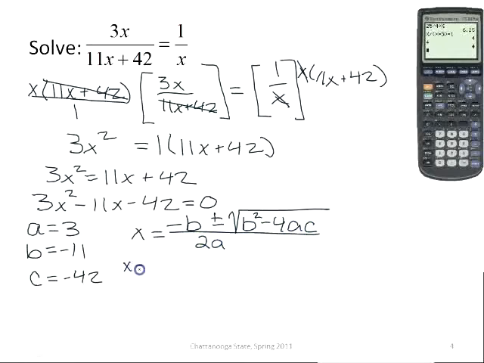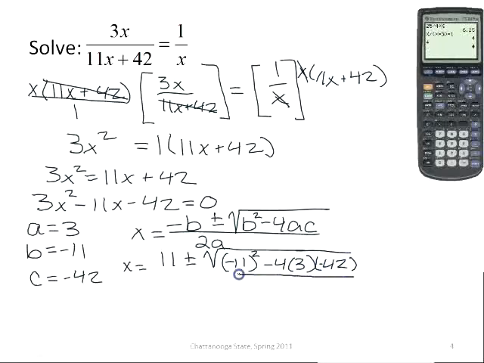over 2a. So this would be a positive 11, because the opposite of negative 11 is positive 11, plus or minus the square root of negative 11 squared minus 4 times 3 times negative 42, all over 2 times 3.